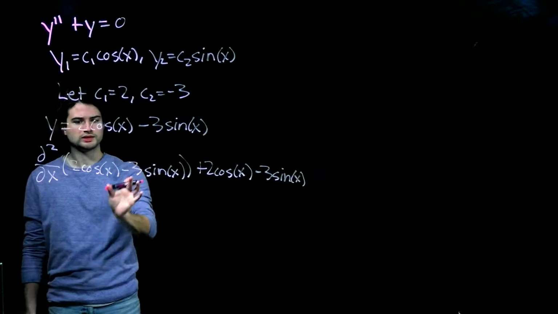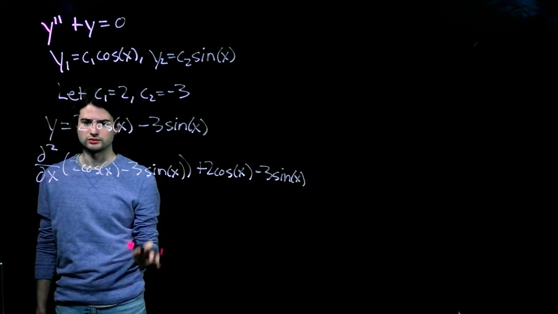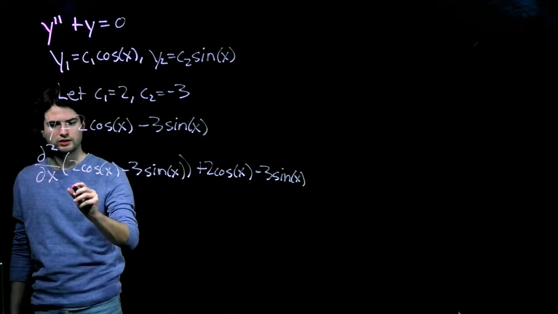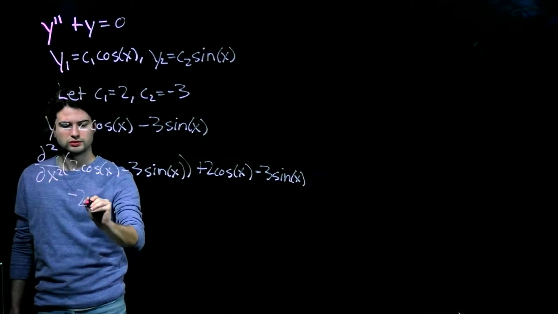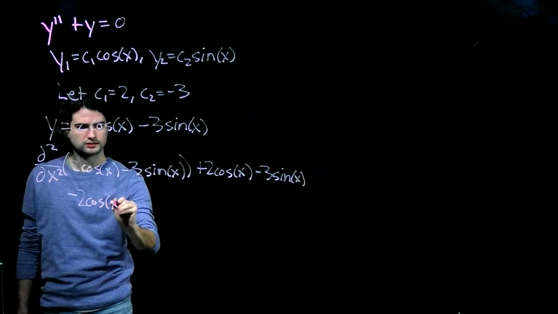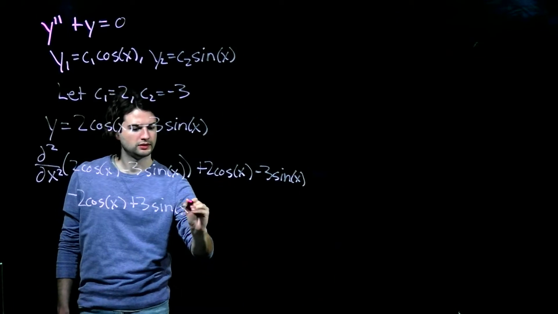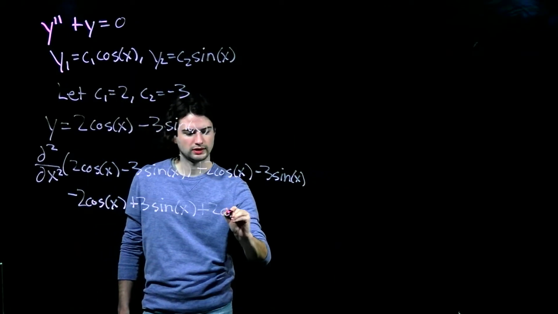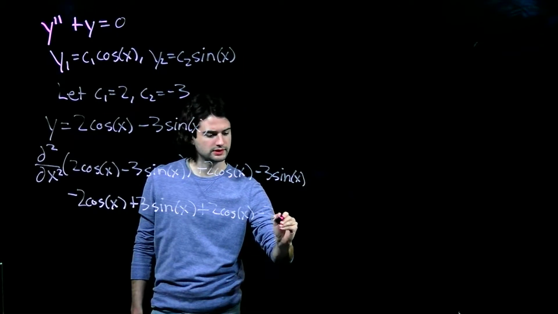So when we take the derivative of sines and cosines, we get back sines and cosines, except with a negative. This is the second derivative. So we get negative 2 cosine x plus 3 sine of x plus 2 cosine of x minus 3 sine of x.